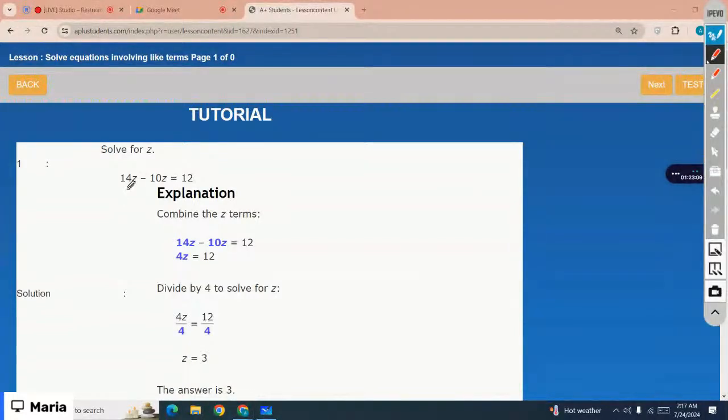For example, 14z minus 10z, they are like terms because they have the same variable. So 14z minus 10z is 4z. You have 4z equals 12. Divide both sides by 4, z is 3.